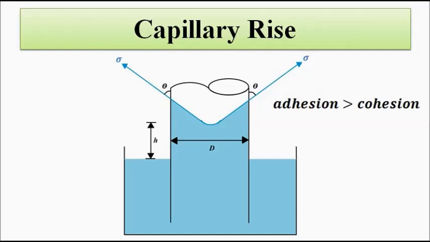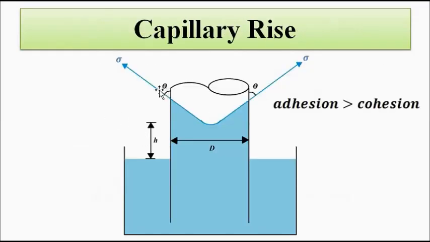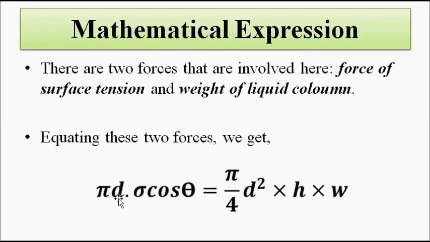So the surface tension force is sigma cos theta, the horizontal component, multiplied by the interface circumference, which is pi d or 2 pi r. Next is the weight of the liquid column, which is pi by 4 d square into h into w, that is mg, the weight of the liquid column.